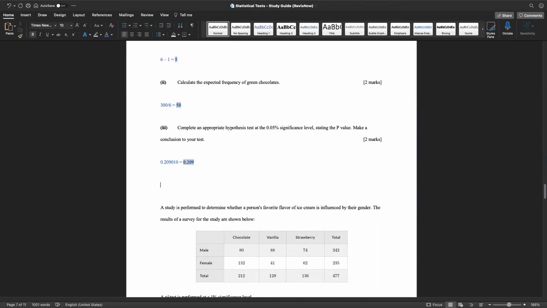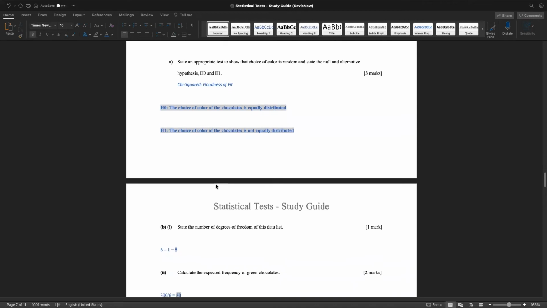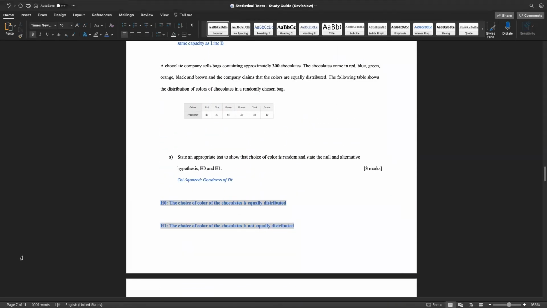So we cannot reject the null hypothesis. You also want to state your actual conclusion: the choice of color of the chocolates is equally distributed. Even though it doesn't appear that way, that's how it is.